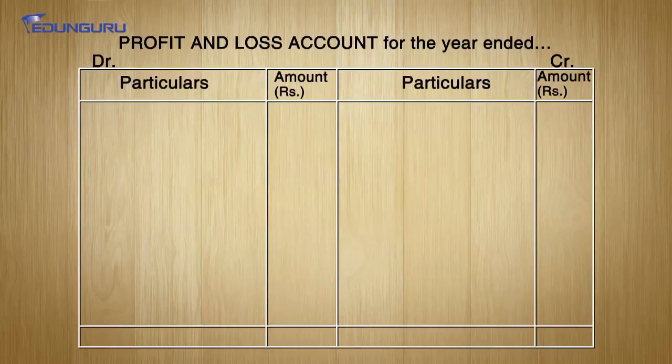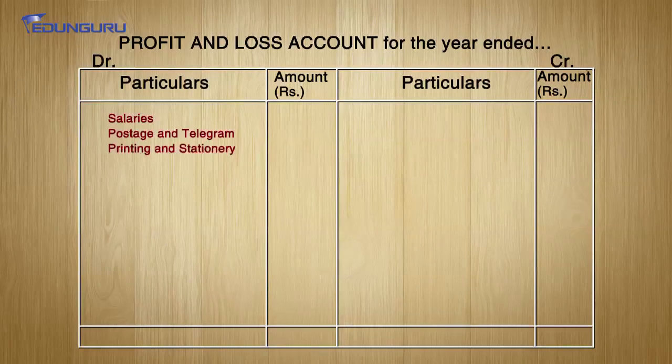The typical regular usual names which you can find in your profit and loss account are salaries, postage and telegram, printing and stationery, the regular office expenses, audit fees, which actually means inspection of your accounts fees. No person will check your accounts for free, so whatever fees you end up paying there. Then you have your other expenses coming up as electricity charge.